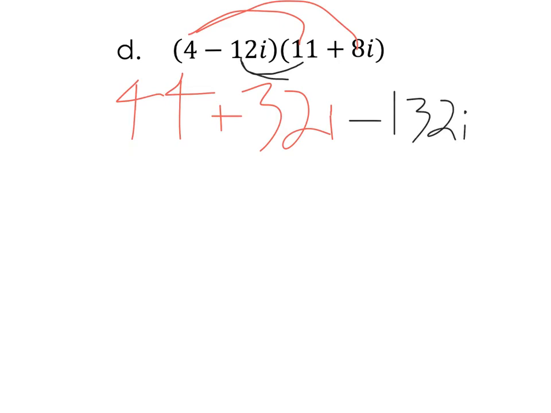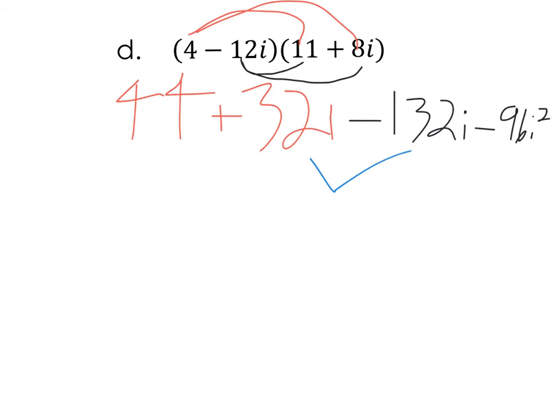And then negative 12i times positive 8i. And 12 times 8, what is that, 96? Yeah, that'll be 96, so negative 96i squared. All right, so we combine our like terms.